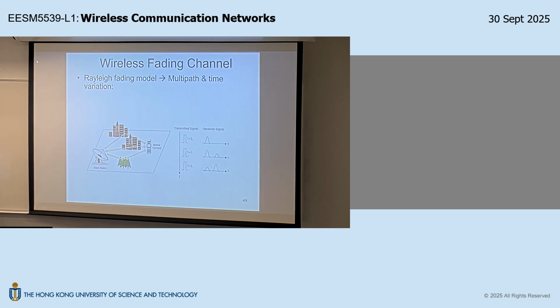Odd multiple of pi, right? And what about in terms of the path difference? Odd multiple of pi translates to half lambda, right? So this will be the condition for destructive superposition, right?